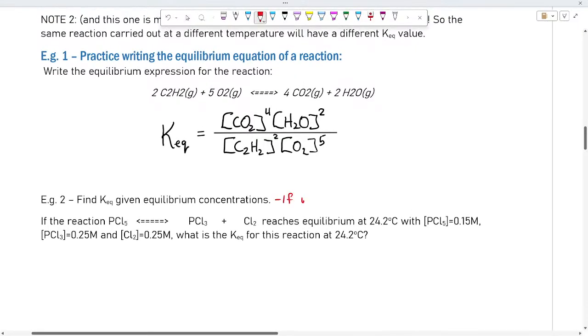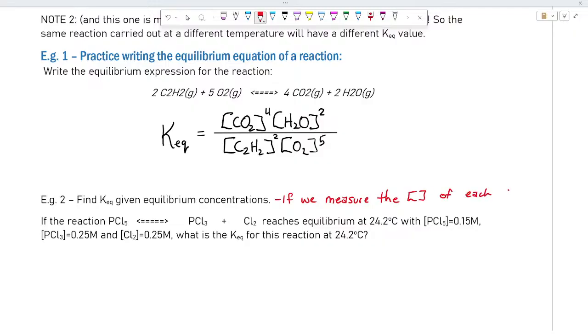If we let a reaction reach equilibrium and measure the concentration of each species at equilibrium, we can calculate the actual value of K. Does that make sense? If we actually knew all of the concentrations at equilibrium, then we could determine the constant K.